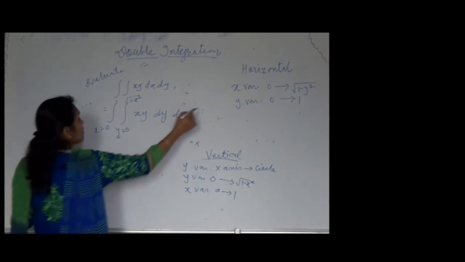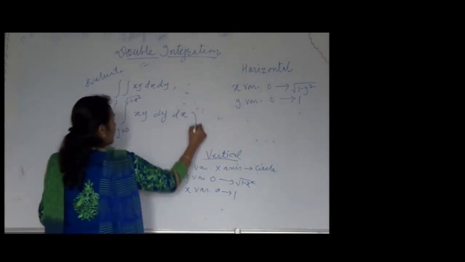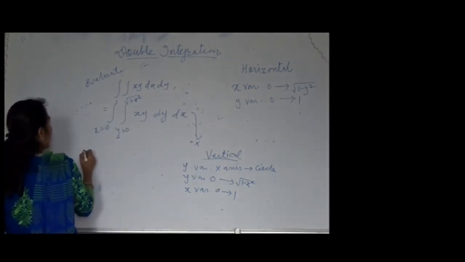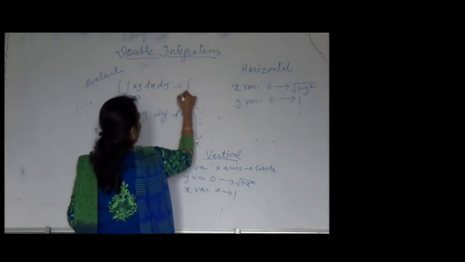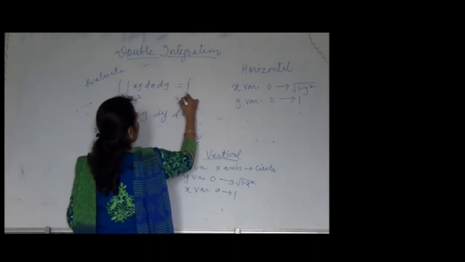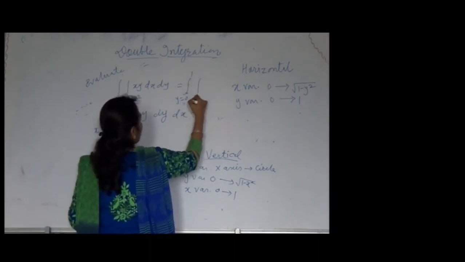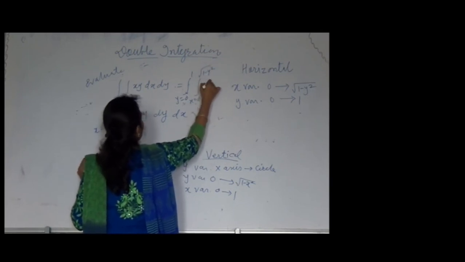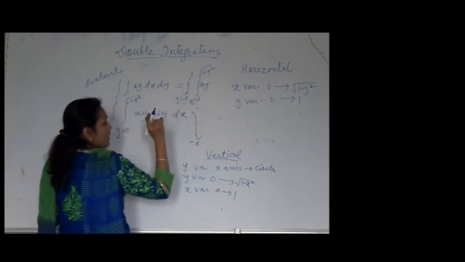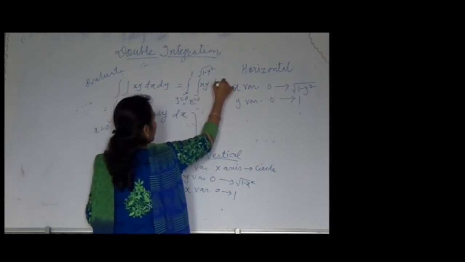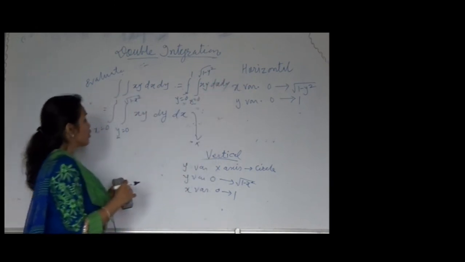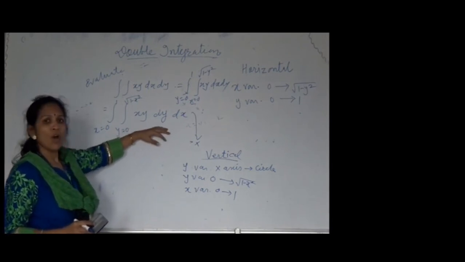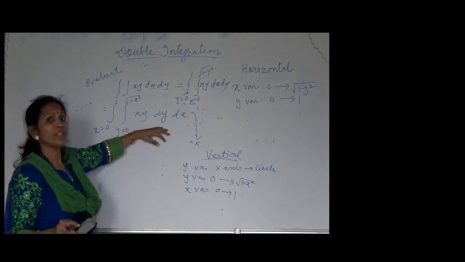But this is for vertical limits. If I want to write horizontal limits, then in the same integral, constant limits outside, y is equal to 0 to 1, x is equal to 0 to 1 minus y square, xy. Now, as the inside limits are for x, your order of integration is dx dy. So from this we can remember that if I am drawing the vertical strip, always I get the order of integration dy dx.